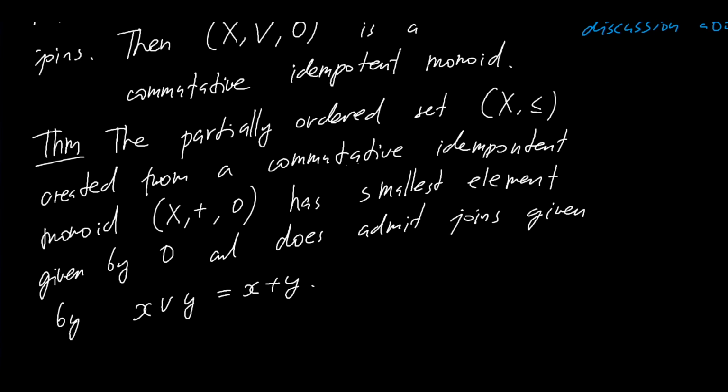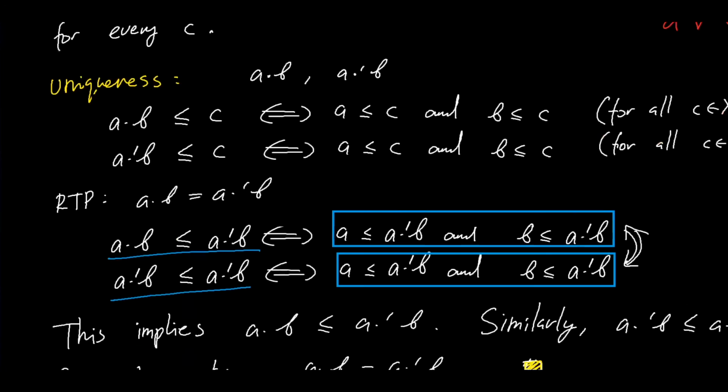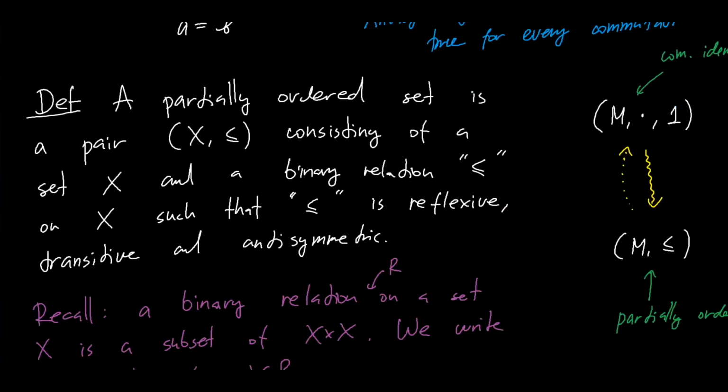So not only will this theorem be telling us that if I begin with a commutative idempotent monoid, I'm going to get a partially ordered set with smallest element and joins. In fact, those joins and that smallest element will match with the operations I started with. But that means that when I go back, I will get back exactly the same monoid I started with.